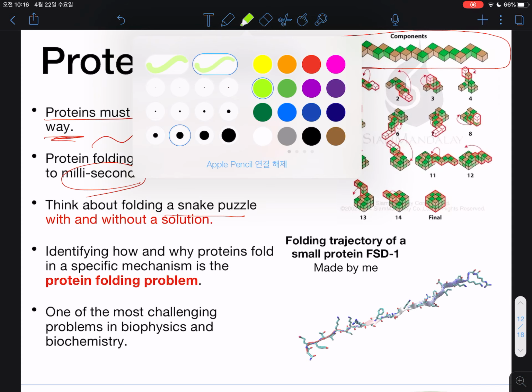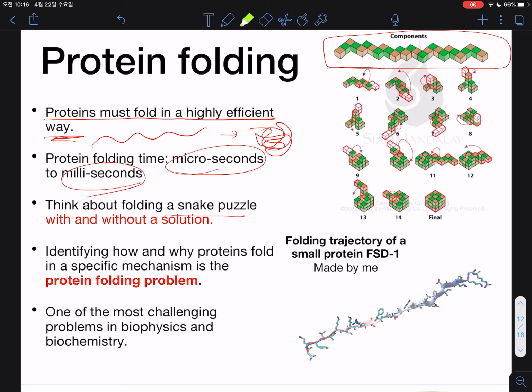If you think about folding this to this final structure, and you don't know how to fold this, then you should try many different times, right? So then it would take a very long time.